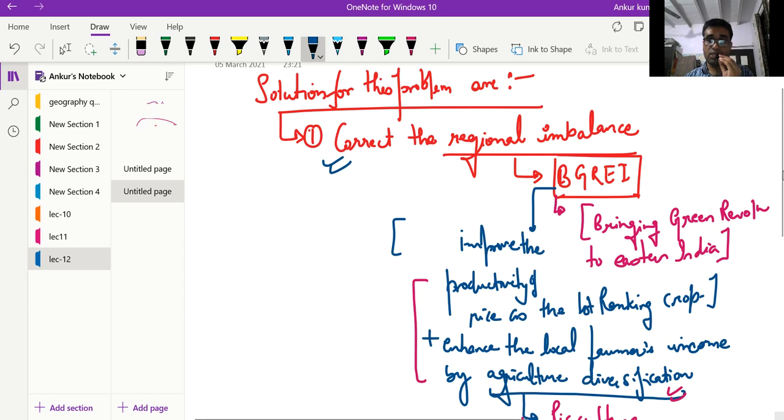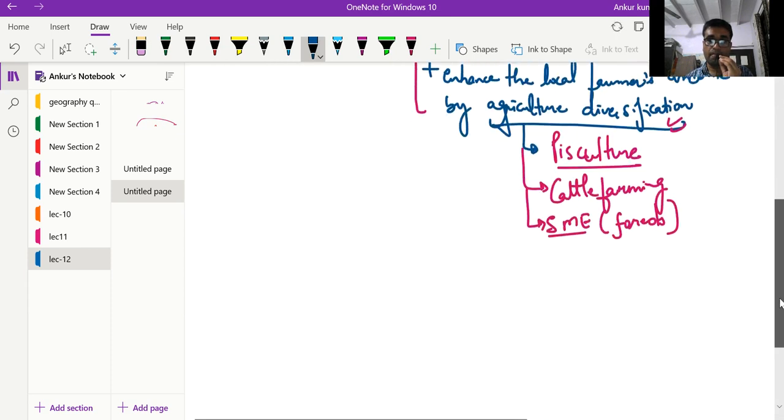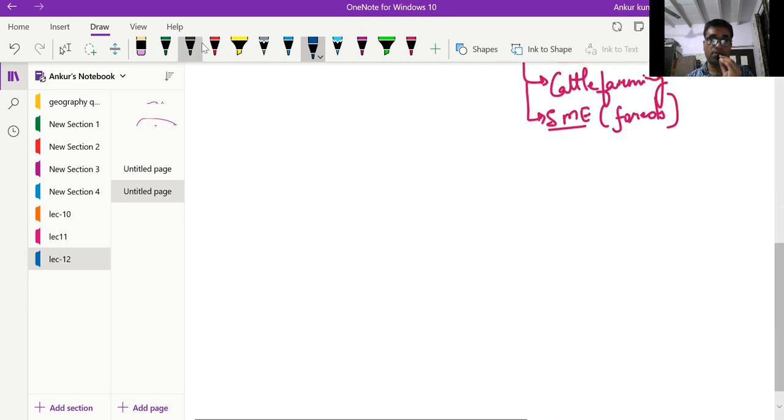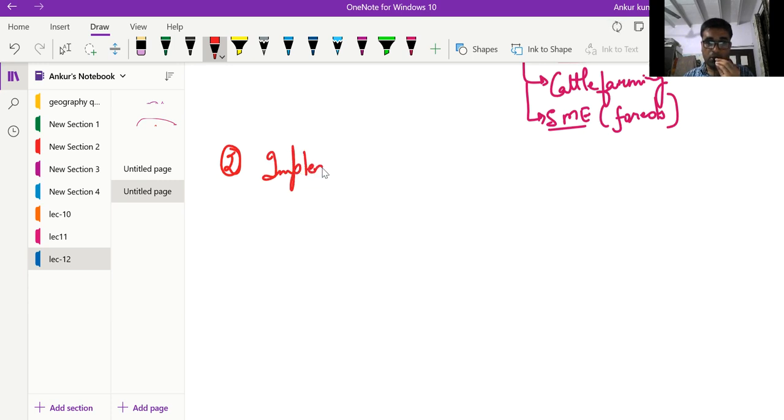The second important step that we can adopt here is that we have to implement micro irrigation methods.